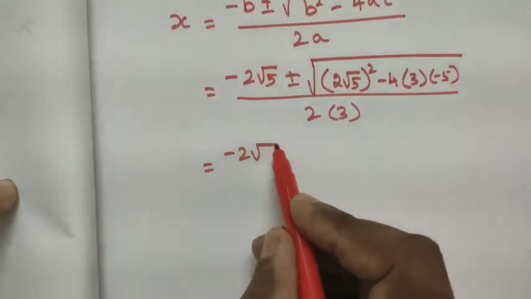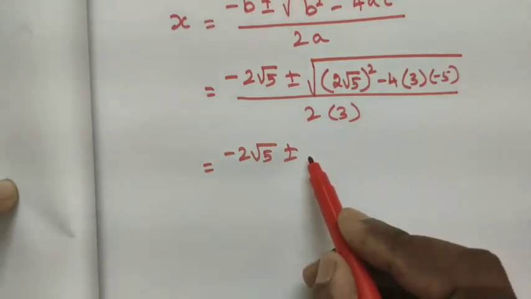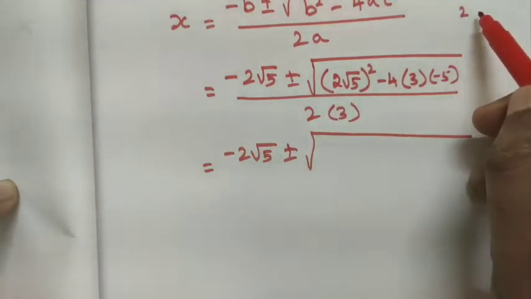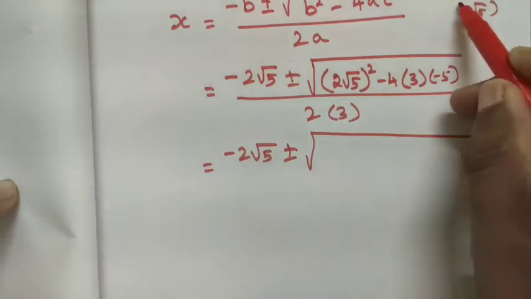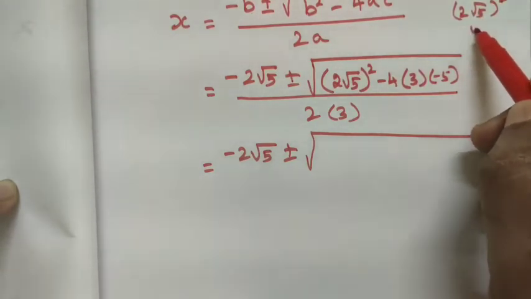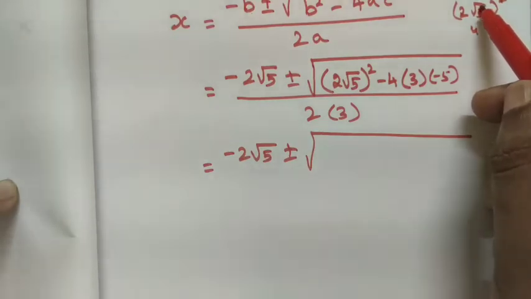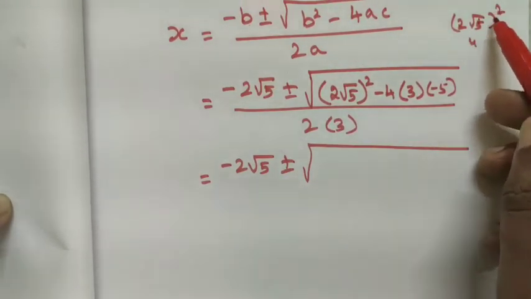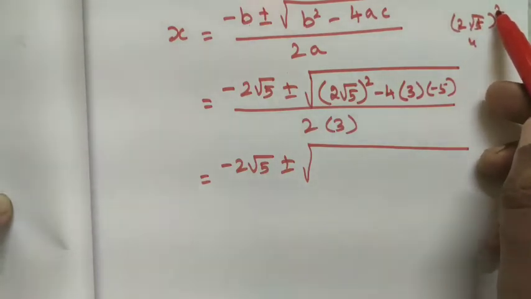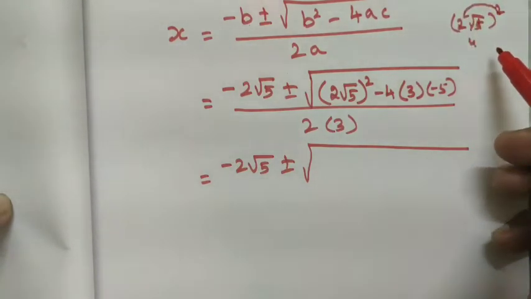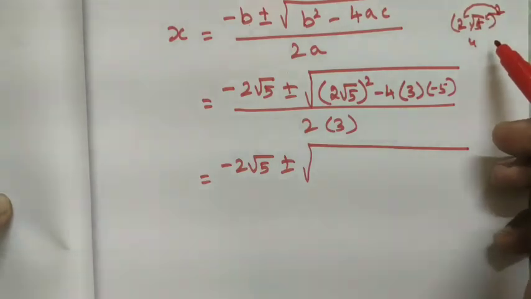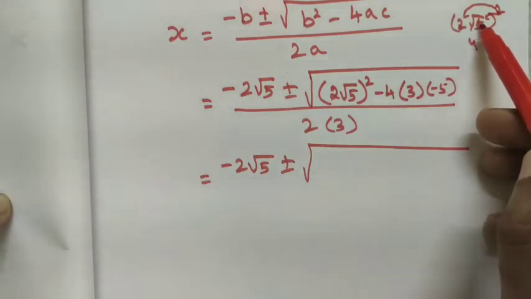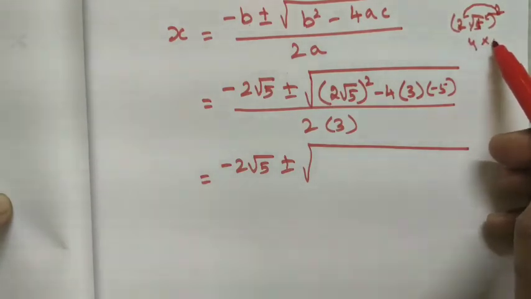the first term as it is, plus or minus root of: if you square 2 root 5 whole square, we square both 2 and root 5. 2 square is 4, and root 5 squared gives only 5.